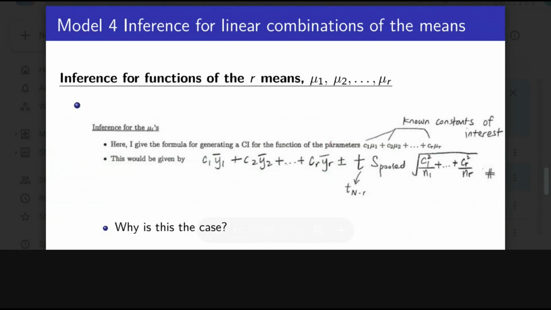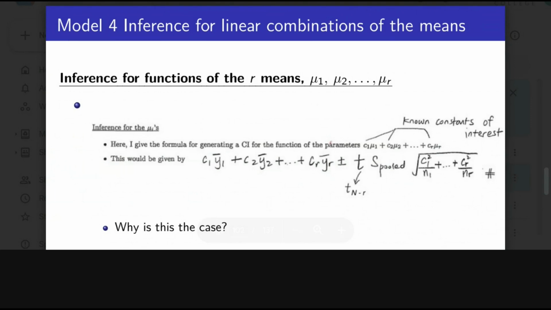If I want to form a confidence interval, the one that we learned in the earlier intro stat classes, for mu1 minus mu2, this is very generic.